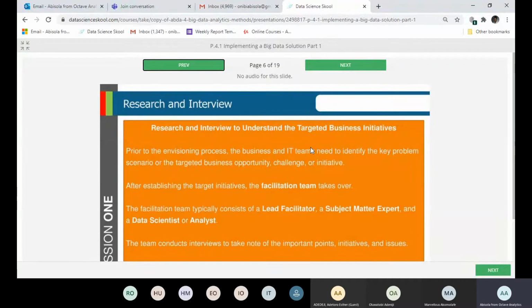So something you have to check is, have they taken these steps before? And if they have, what are the lessons you need to learn from these steps? Are there things you can learn from what you've done in the past that could help you now? Those are the kind of things the facilitation team asks during the interview process.